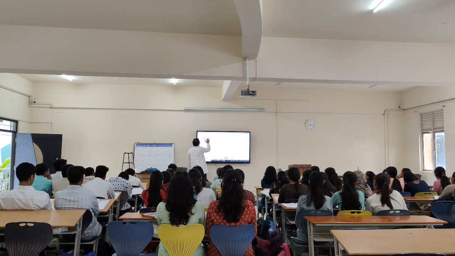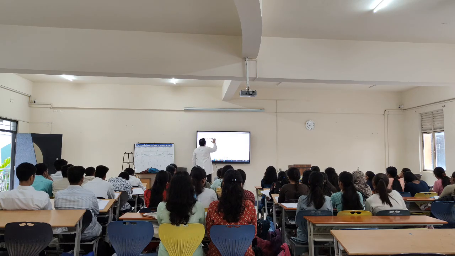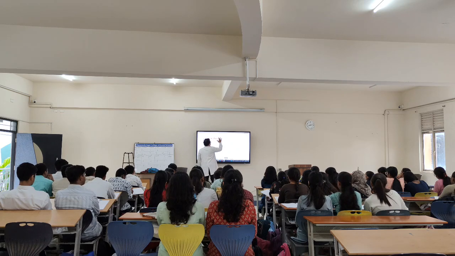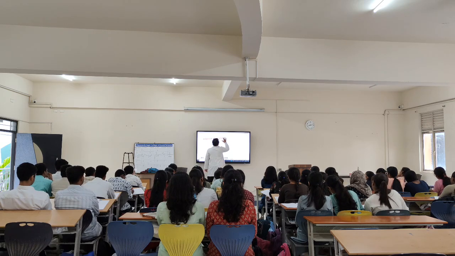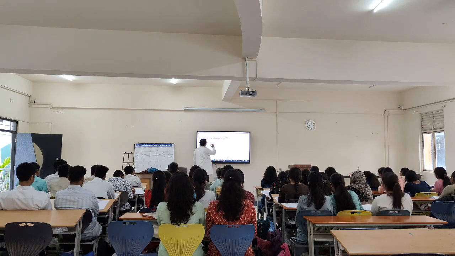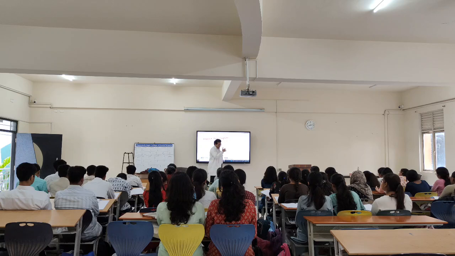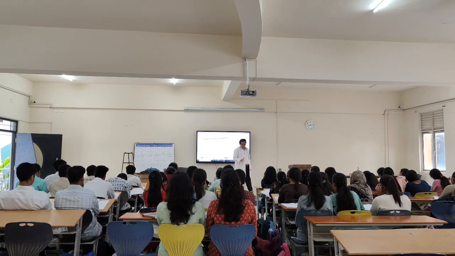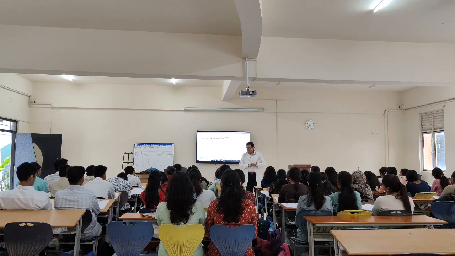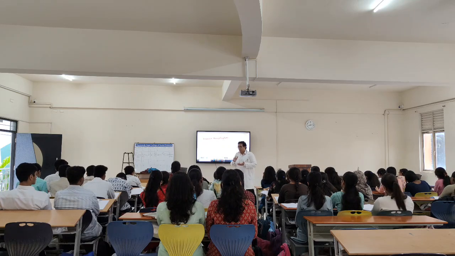Hexose monophosphate shunt pathway. HMP pathway. This pathway has many functions. One is it makes NADPH, the reduced form of NADP.